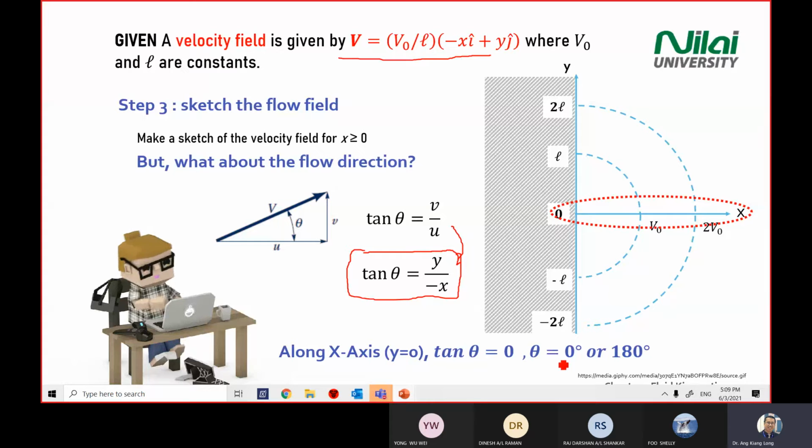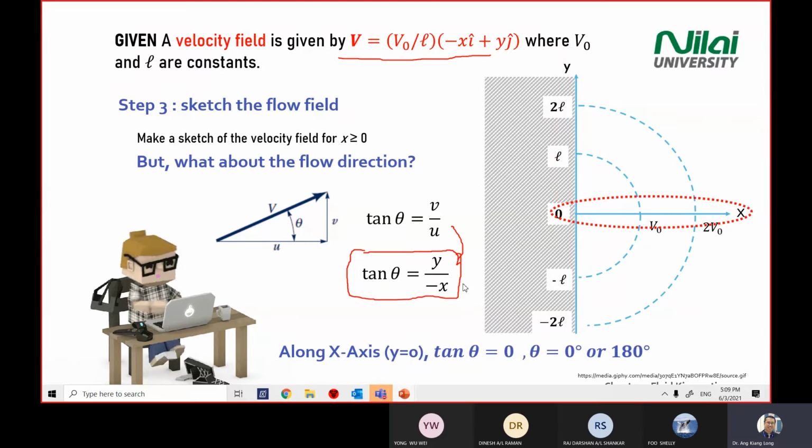It's either theta equal to 0 or theta equal to 180 degree. So when you get y equal to 0, the value of the theta is 0 and 180.